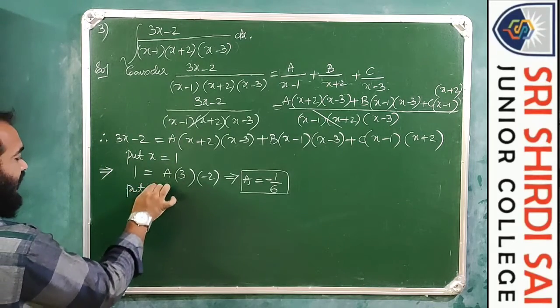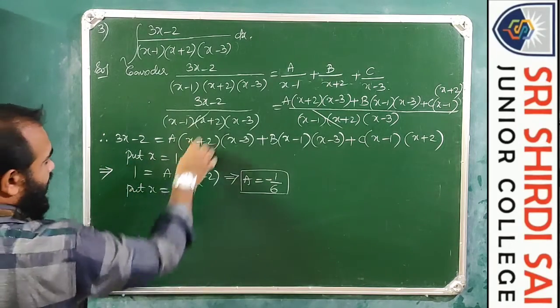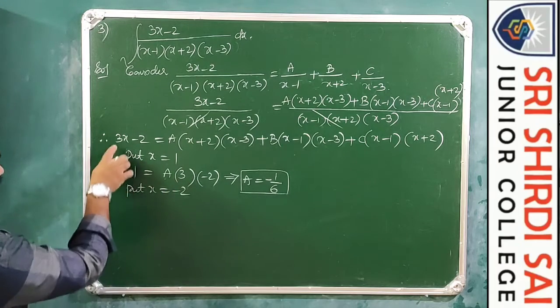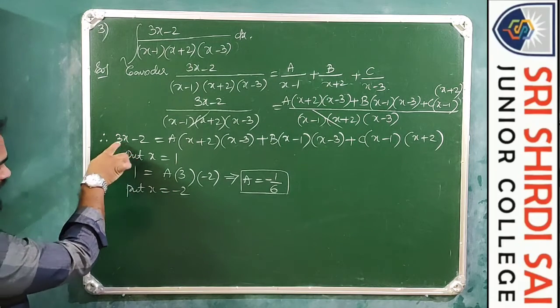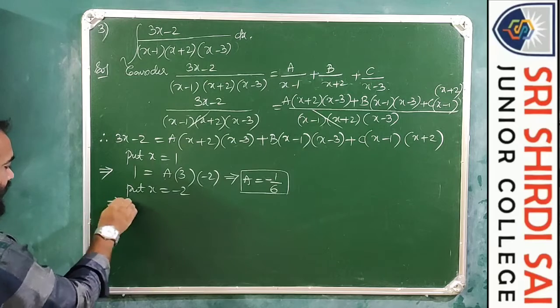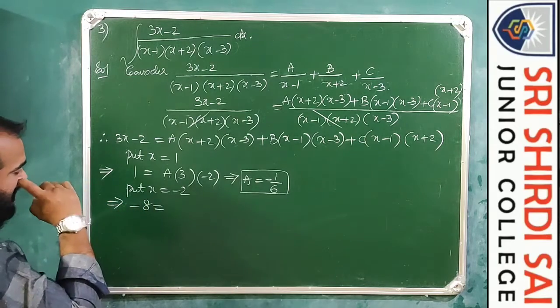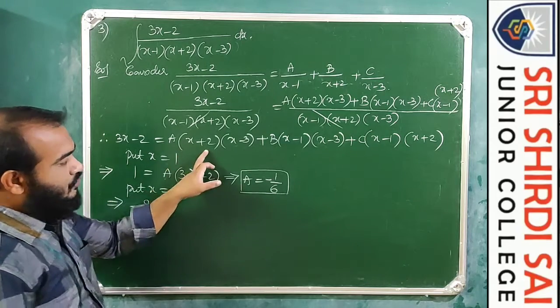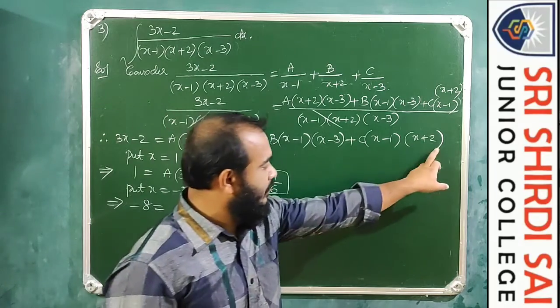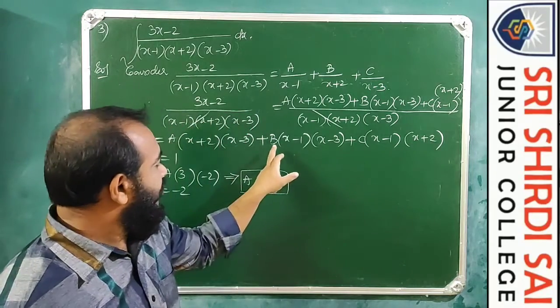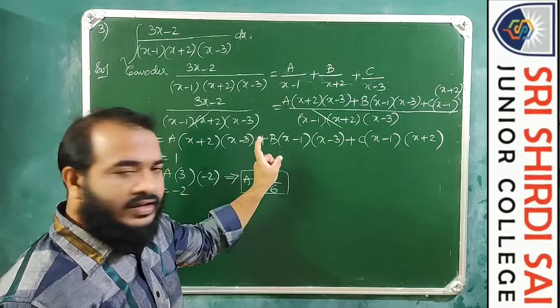Put x equals minus 2 here. Substitute: 3 into minus 2 is minus 6, minus 2 is minus 8. The first term has minus 2 plus 2, which is 0, and the last term also has minus 2 plus 2, which is 0. We are left with the middle term.